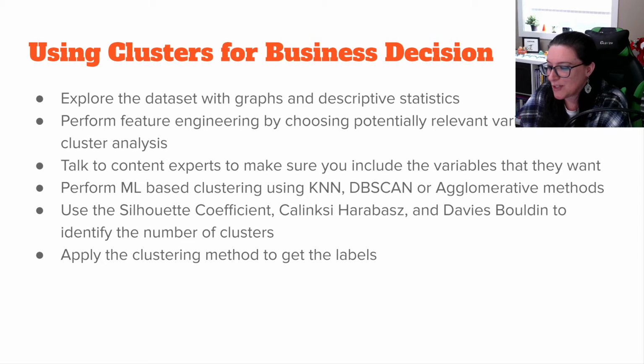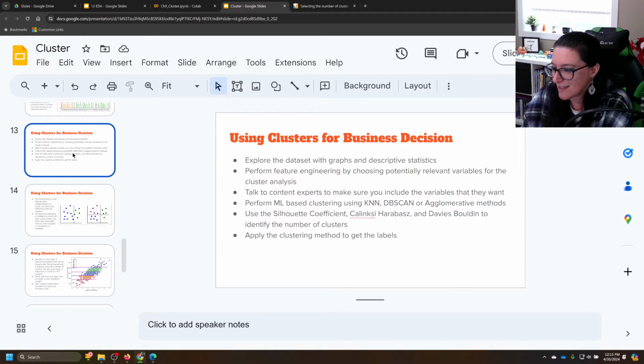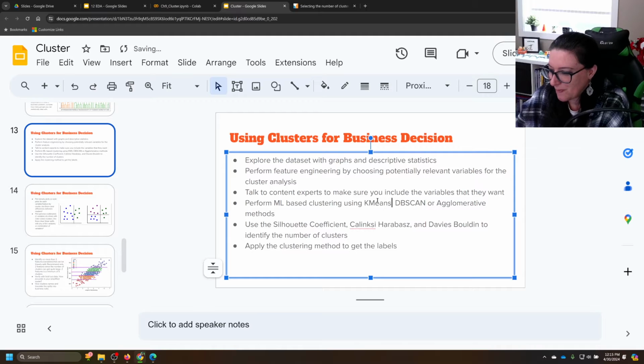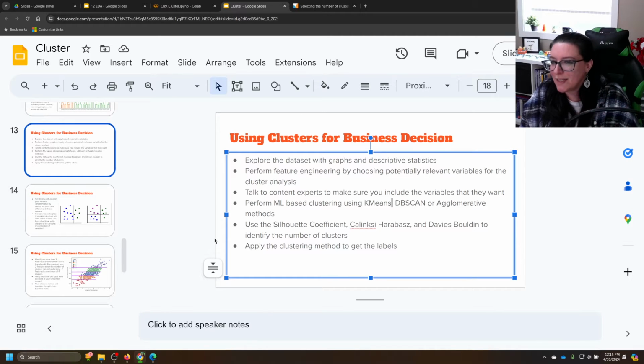So really that should say, I really hate all these typos, they are just killing me. K-means. Okay. So we would perform our clustering method, and then we would use our silhouette coefficient, our Calinski-Harabasz, and our Davies-Bouldin to identify the number of clusters, and we apply the clustering methods to get those labels.